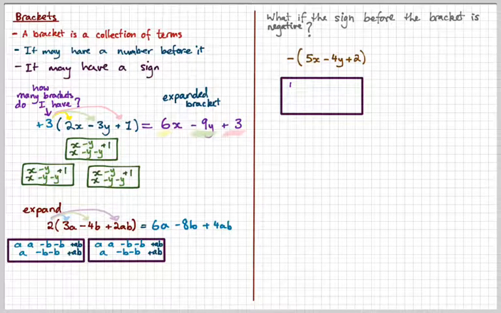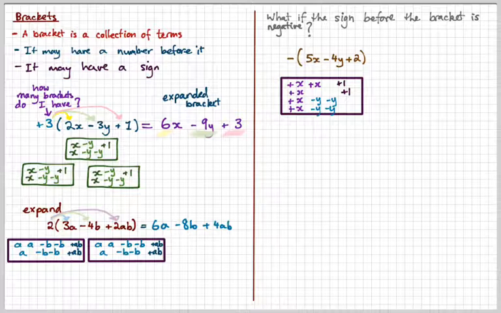So I'm going to draw the bracket first. We've got 5 plus x's, we've got minus 4y's, and we've got 2 plus 1's. Okay, so this minus sign turns my box into what I'm going to call an anti-box. It changes the sign of every term inside this box.